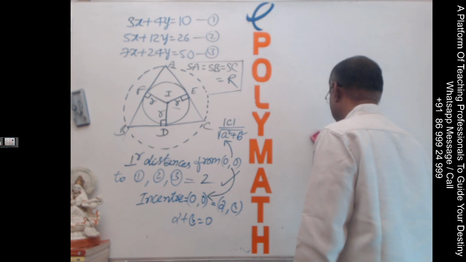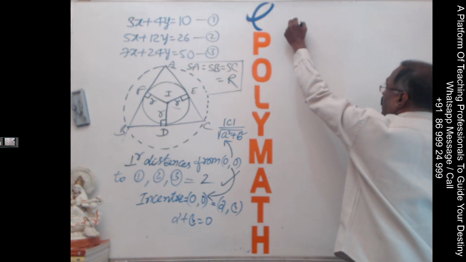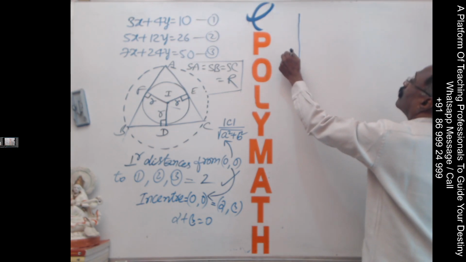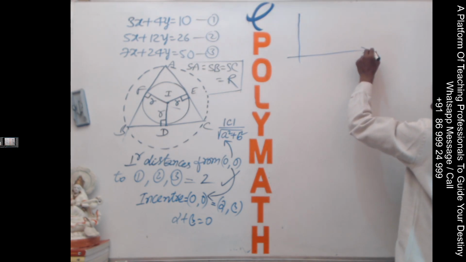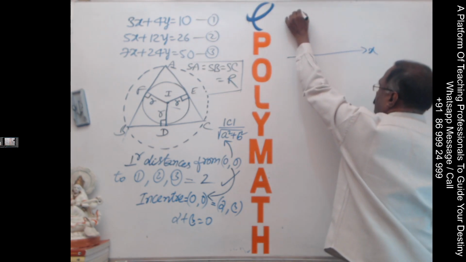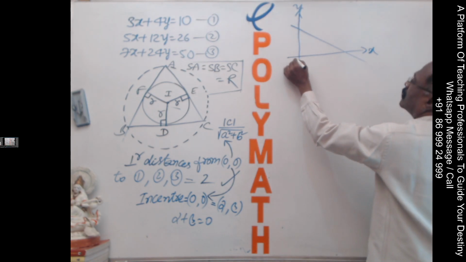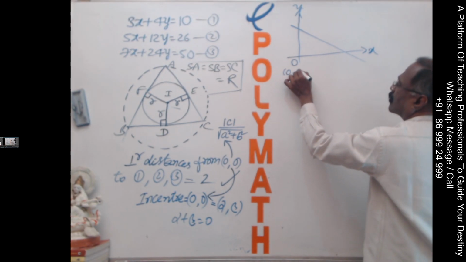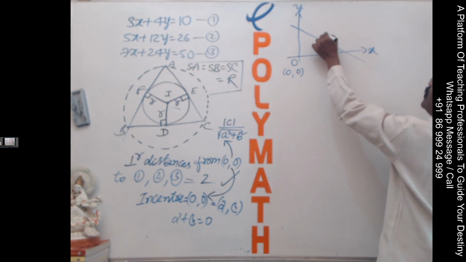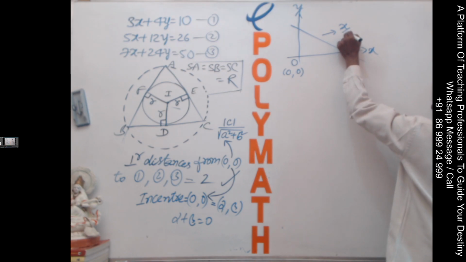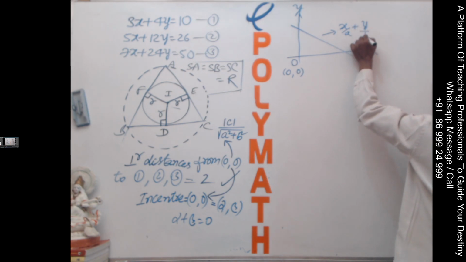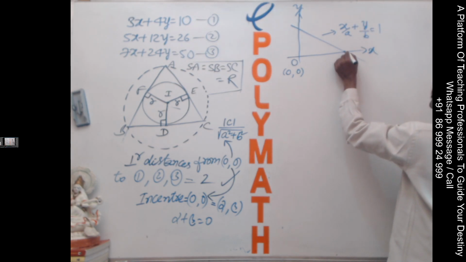See, if there is a triangle formed by its two sides as x and y axis and by another line, this is O 0, 0, and this line equation is x by a plus y by b is equal to 1.